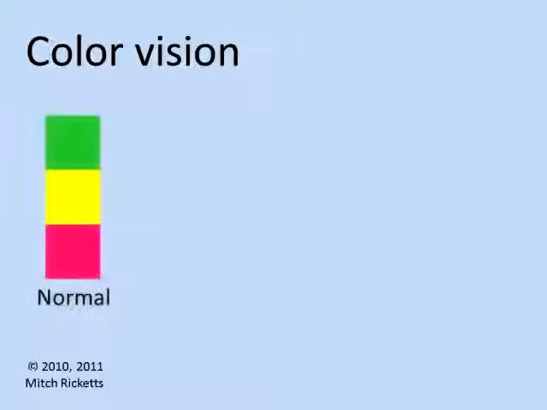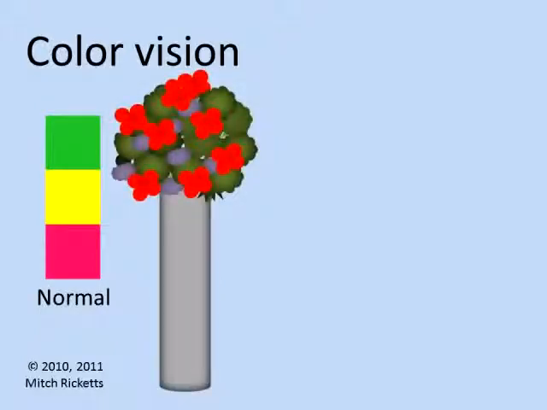A person with normal color vision sees 3 colors in the bar on the slide: green at top, yellow in the middle, and magenta on bottom. In the vase, a person with normal color vision sees green foliage and 2 colors of flowers, red and violet.